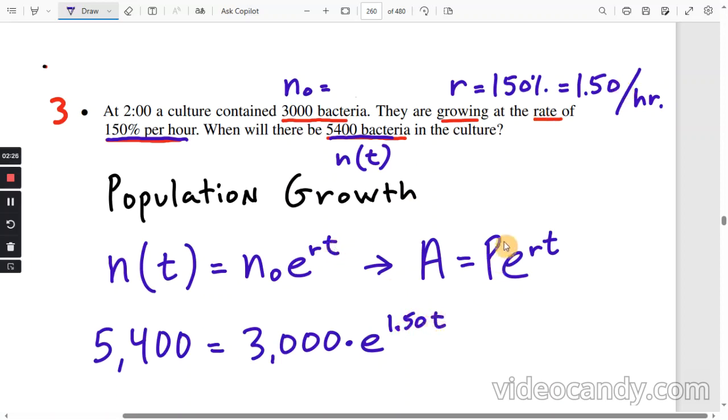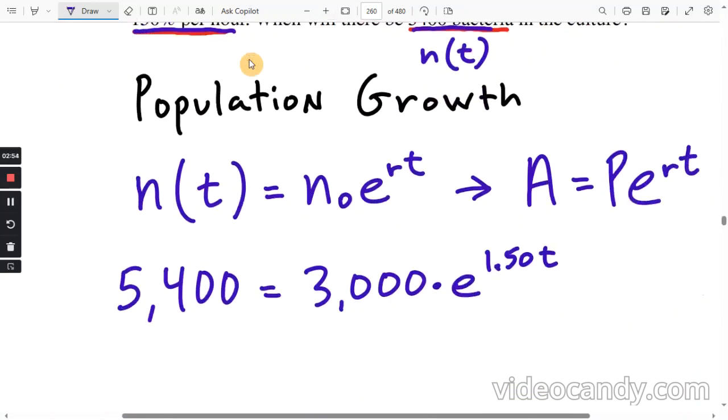Okay, recall that we said the units on r and t must match. So since we did the rate per hour, the time t is going to be in hours. Okay, and however many hours it takes, we're just going to have to add that amount to 2 o'clock. Anyhow, we're solving for t.